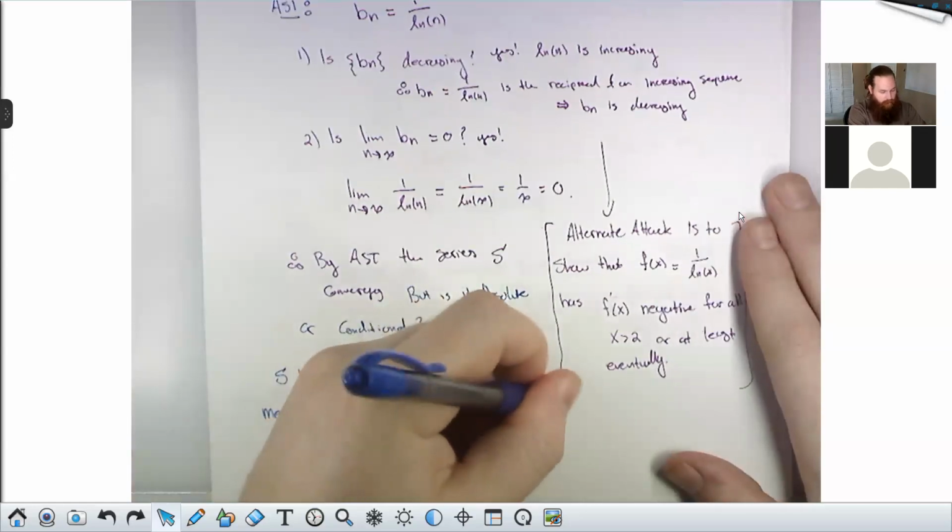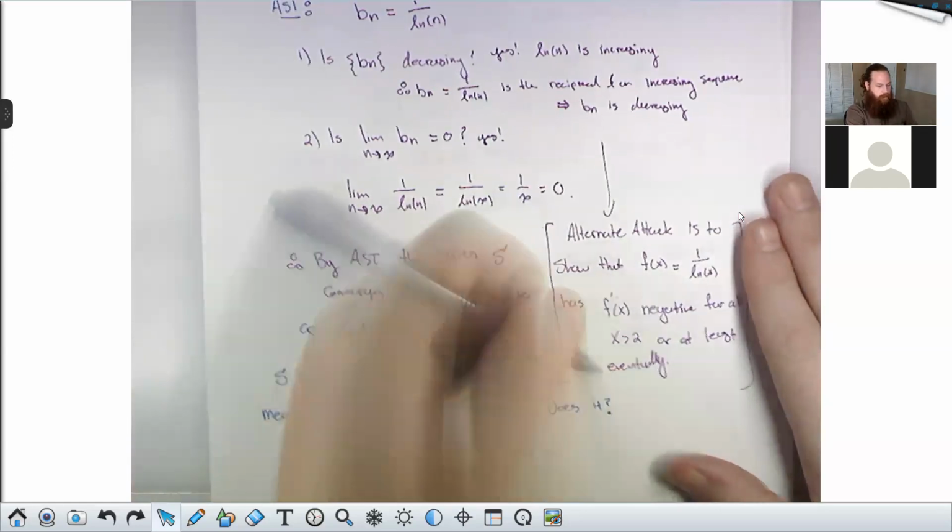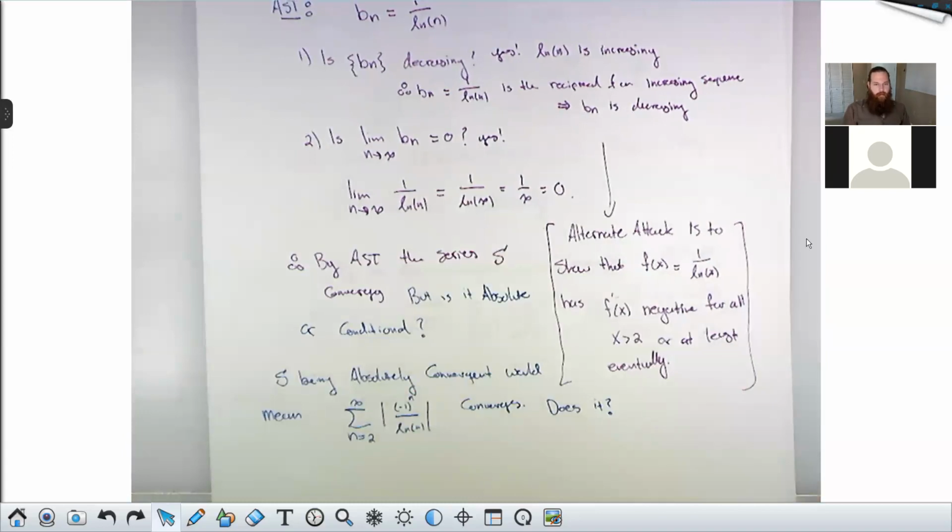The question is, does it? So if this series converges, then S converges absolutely. If this series here diverges, then S converges conditionally, because we already know that S converges. The question is now, does the absolute value series for S converge? If the absolute value series converges, then the convergence is absolute. If the absolute value series diverges, then the convergence is conditional, because I already know that S converges.